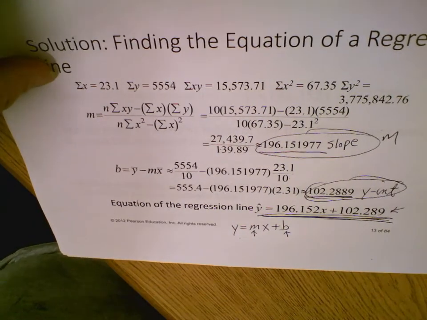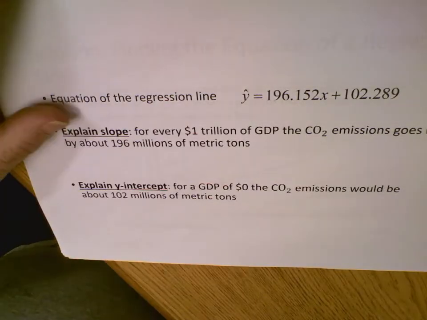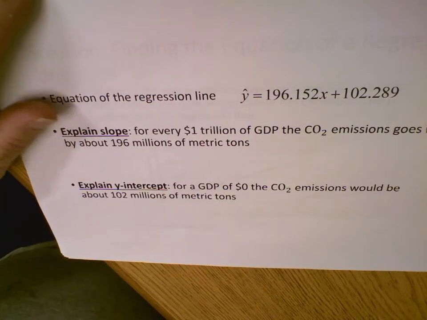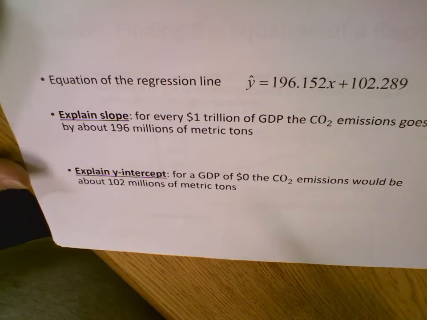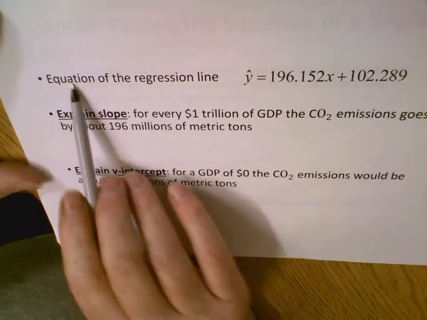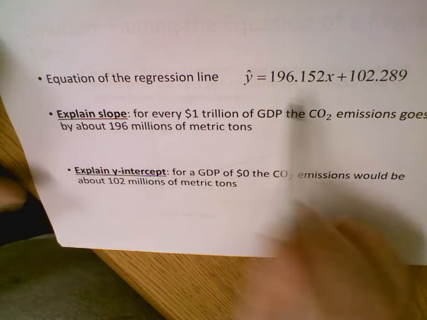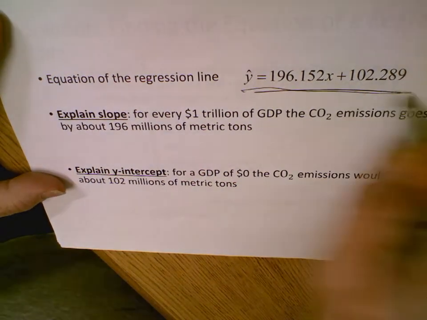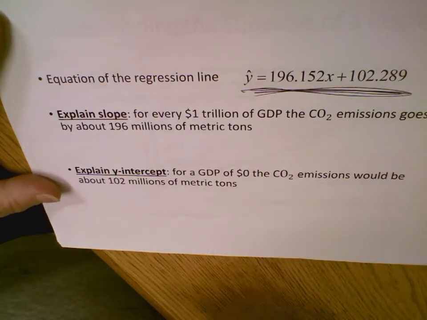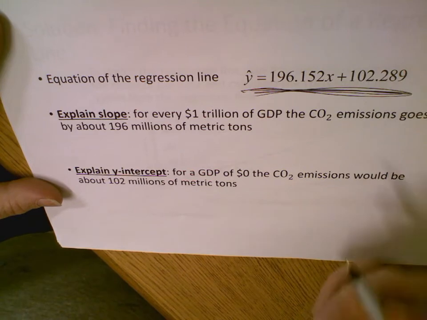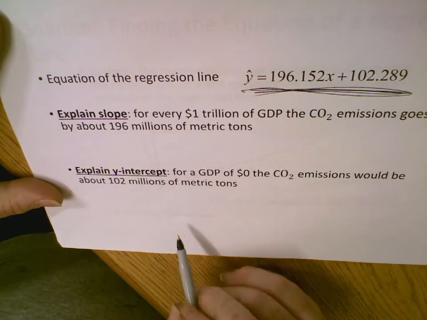So instead of doing all of it that way using the chart, we're going to use a calculator most of the time. One other thing that I want you to know for sure though is if this is our regression line, our line of best fit, you got to be able to explain what that means.